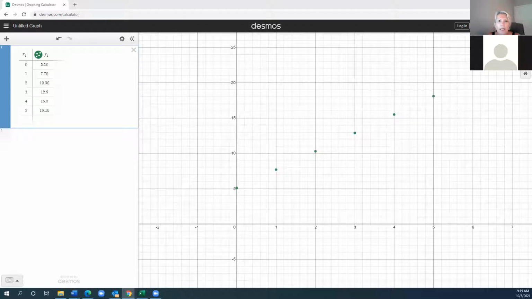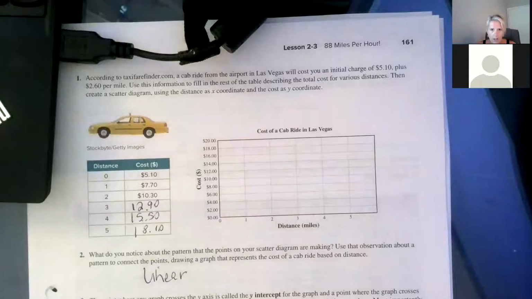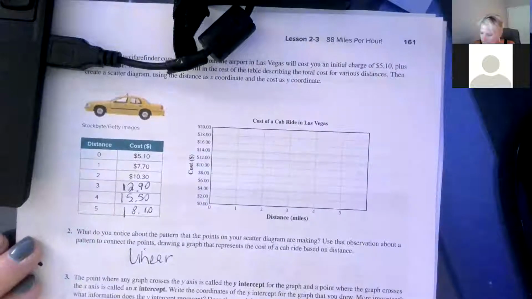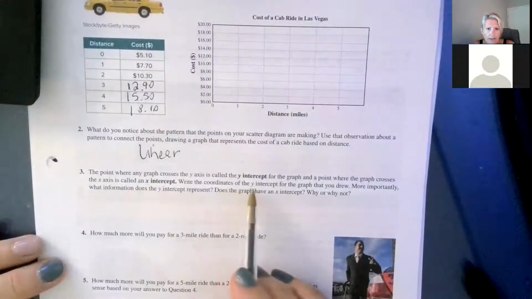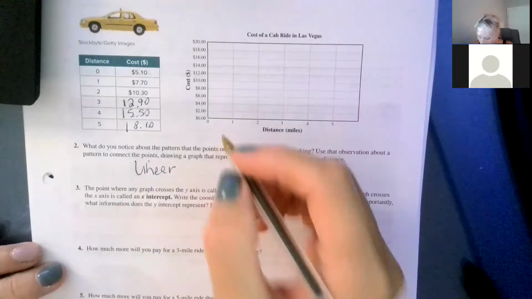So I'm going to go back to my paper for a minute because I don't want to give it all away. Okay, so question 3 says the point where the graph crosses the y-axis is called the y-intercept.